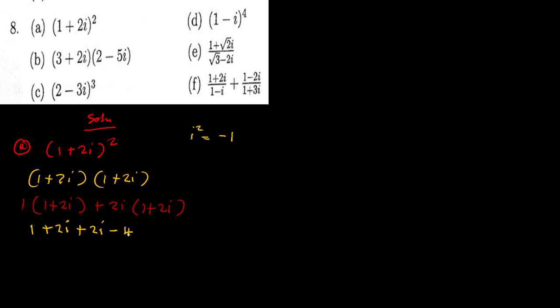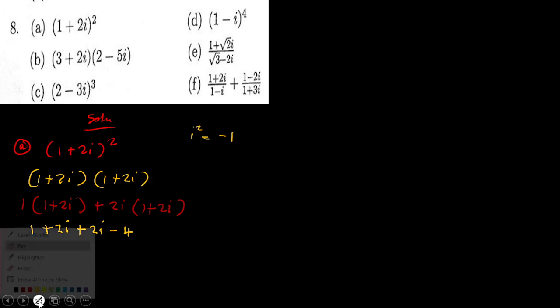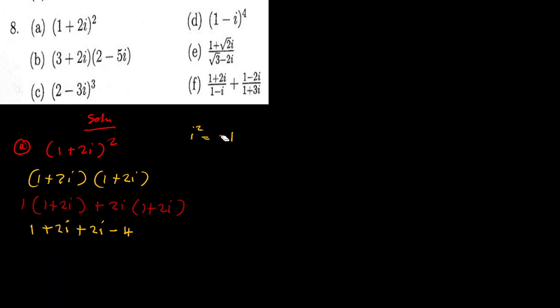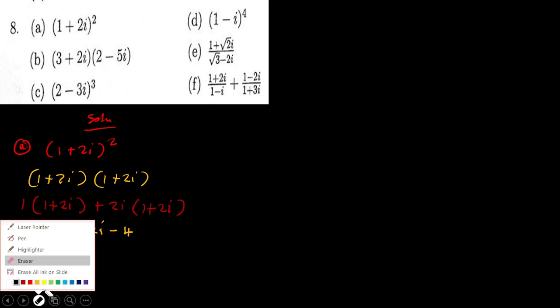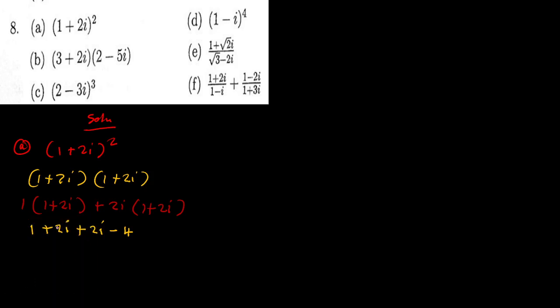The concept about this, I taught it in class during our physical classes, and it's also in one of the videos on complex numbers. So make sure that you review those videos and you'll be able to understand in case you are not understanding. So 1 minus negative 4 is simply negative 3.